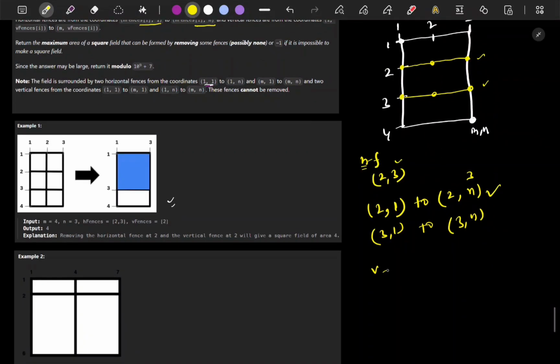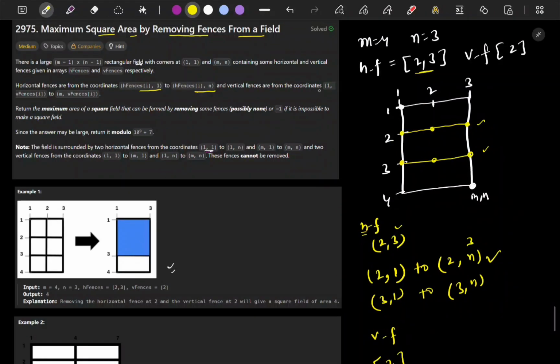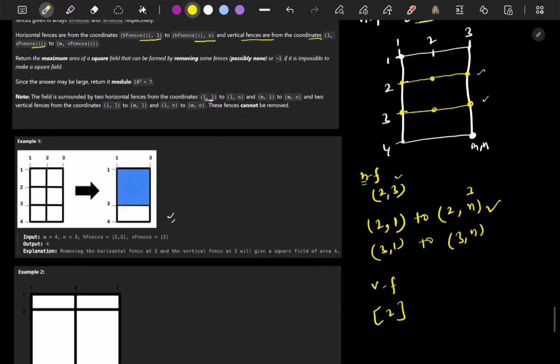In the same way, we have a vertical fence at 2. That means the vertical fence is from the coordinates (1, vFences[i]), and vFences[i] is 2 only.